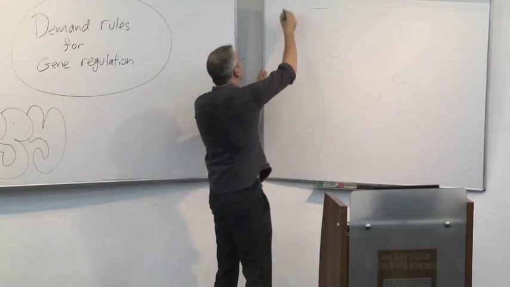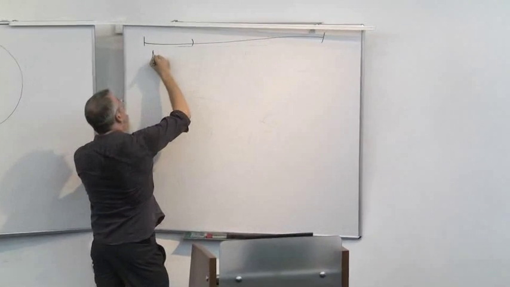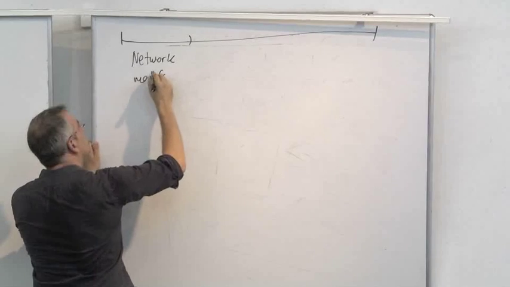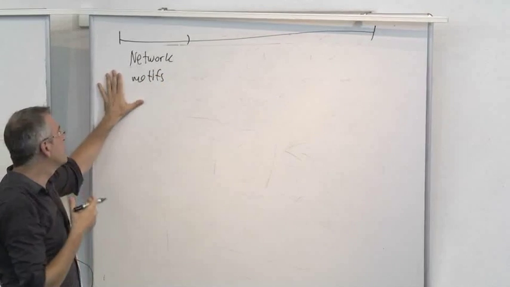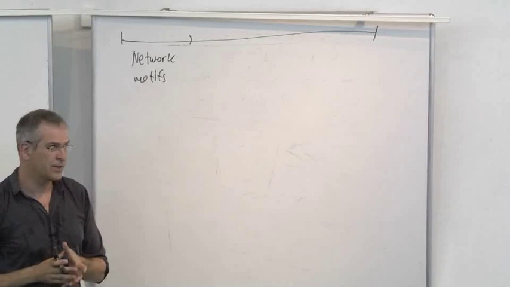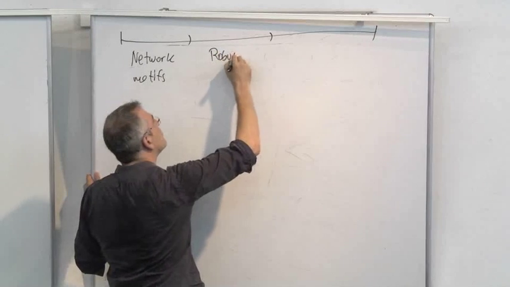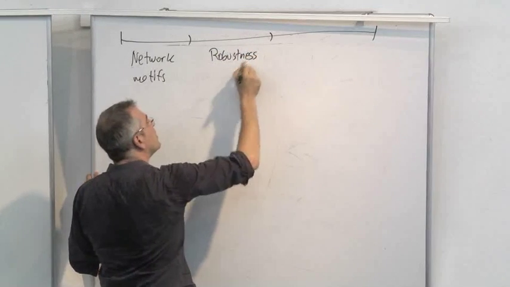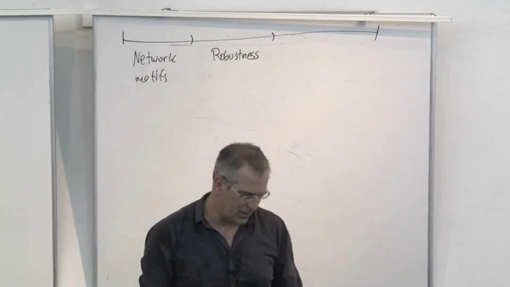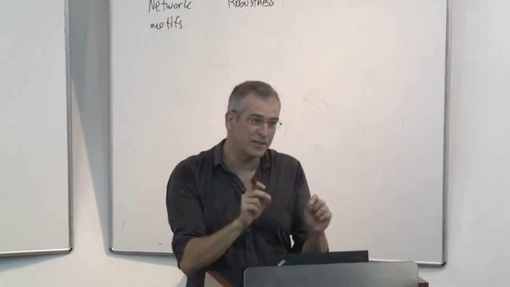So if we think about our course, we had one part about network motifs, the idea that complicated networks are made just of a handful of small recurring circuits, each one with specific functions. And then we talked about robustness, which is how circuitry is designed so that its dynamics is invariant to variations in the concentrations of the proteins that make up the circuit.